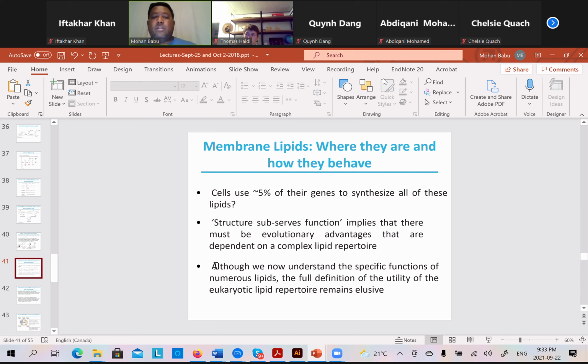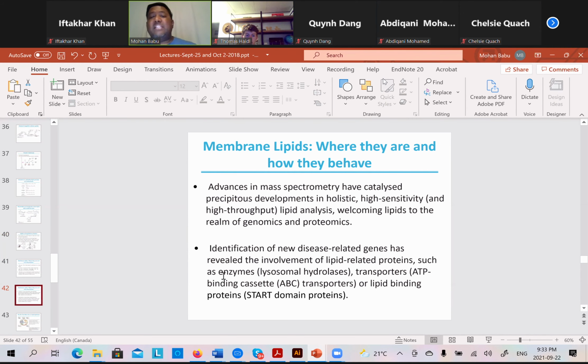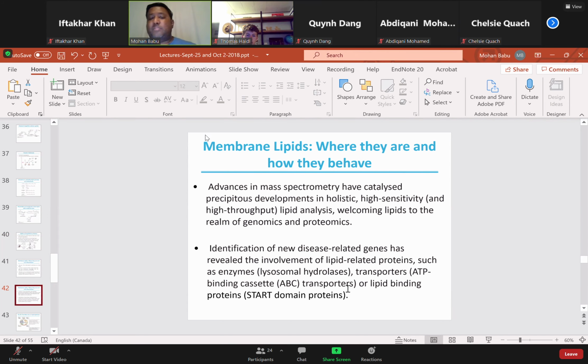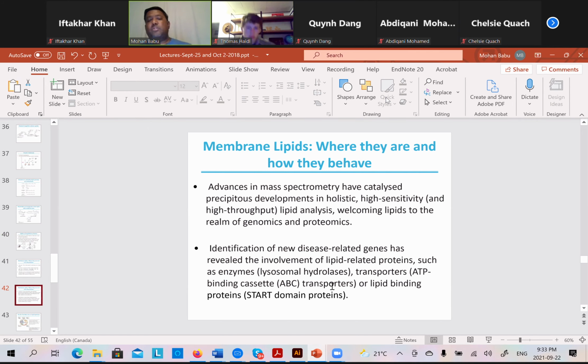There are also new disease-related genes involved in lipid-related proteins, such as enzymes like lysosomal hydrolases or ATP binding cassette ABC transporters, or lipid binding proteins like the START domain protein. These are lipid-based proteins that have roles in diseases, because these are disease-associated genes.